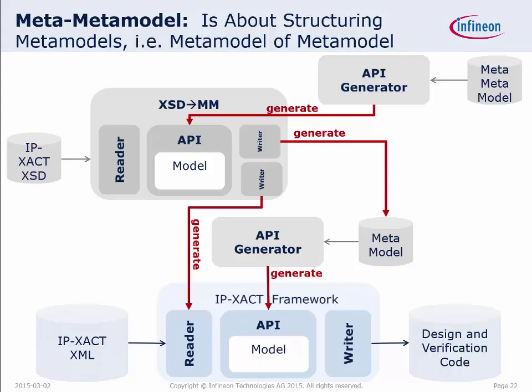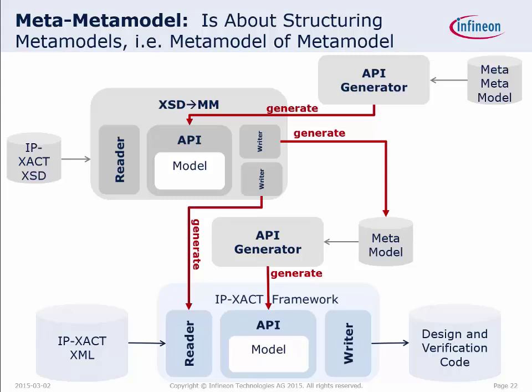We have here an XSD meta model, which can read all different XSD descriptions for IP-XACT, for all other XSD specifications, HTML, whatsoever. We read it in, and then we have the data of the XSD meta model filled. Then we have a generator which will generate the framework out of it.